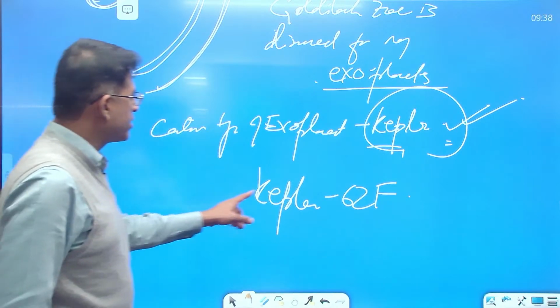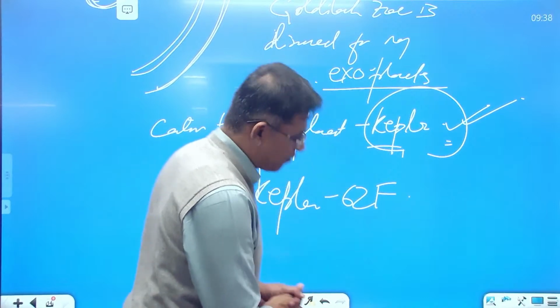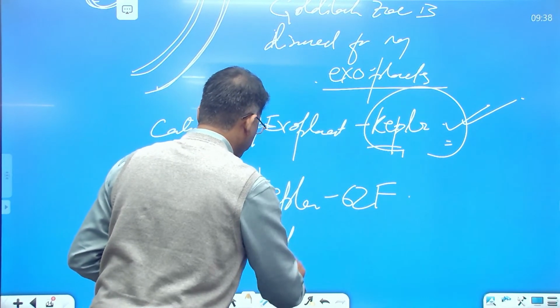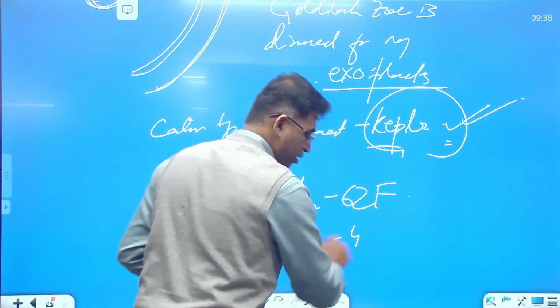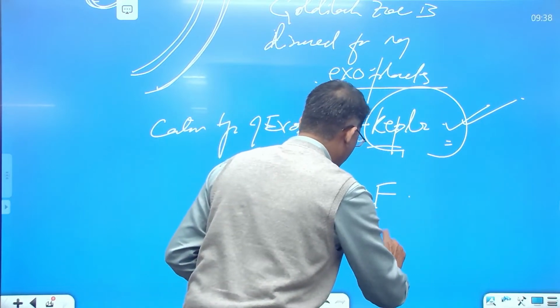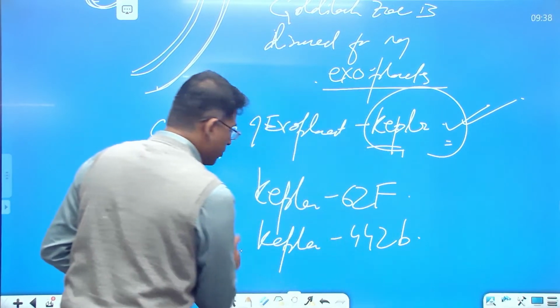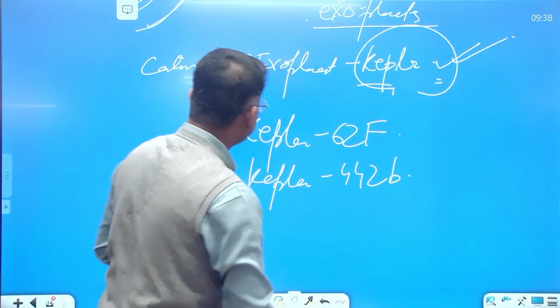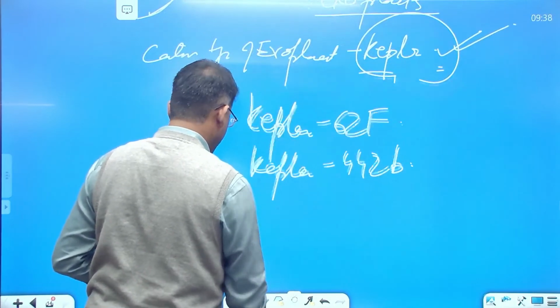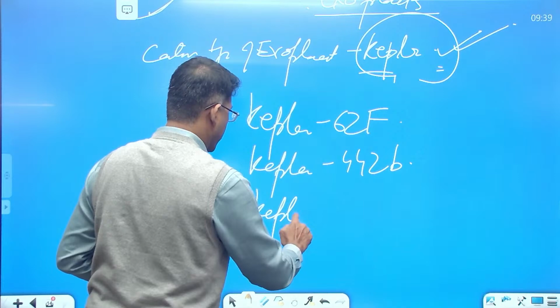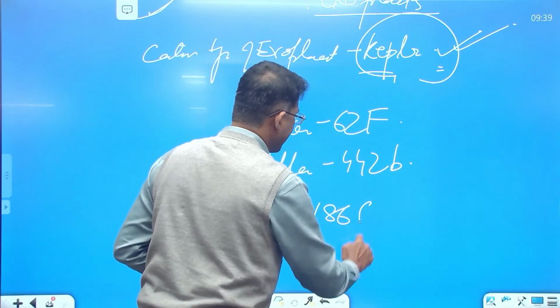There's one Kepler 62F. There's one Kepler 442b. There's one more called Kepler 186f.